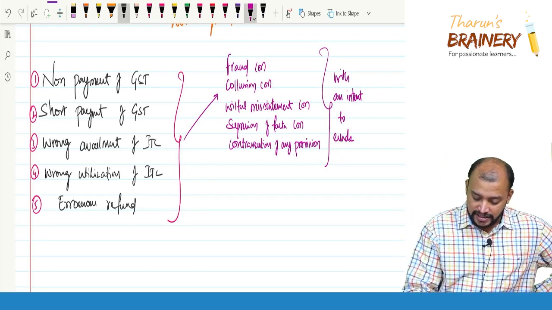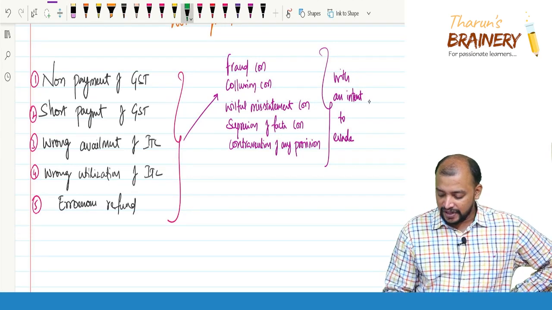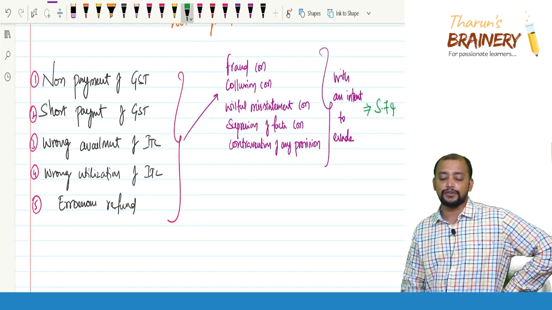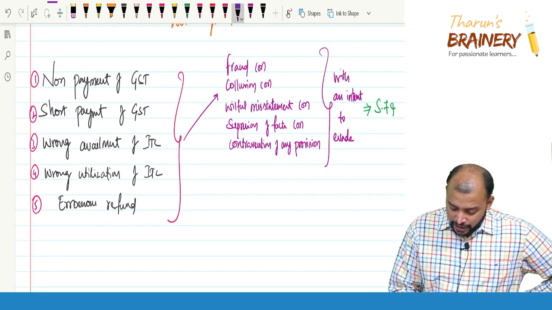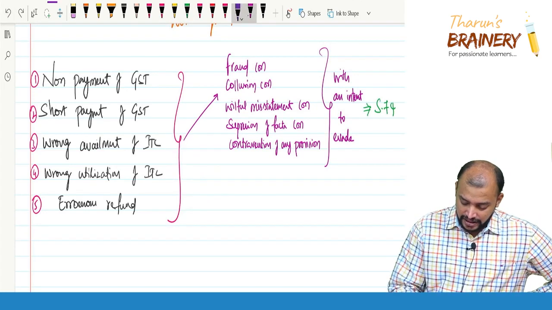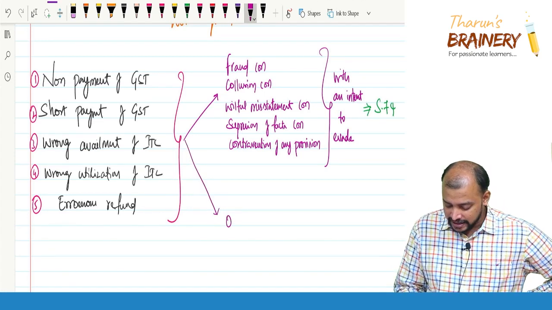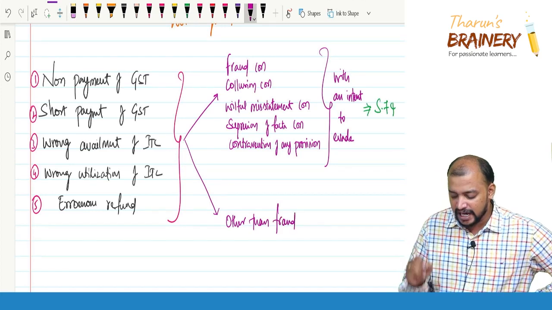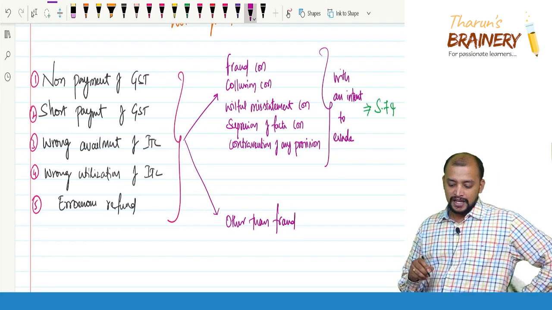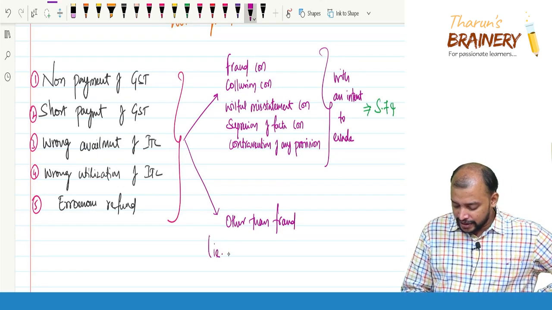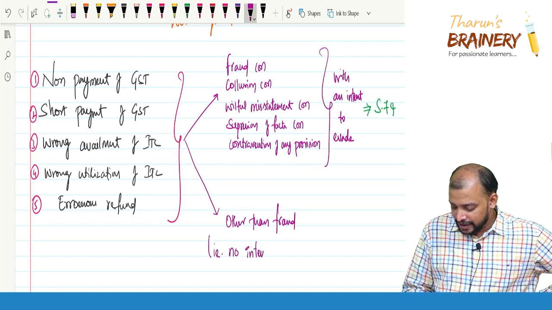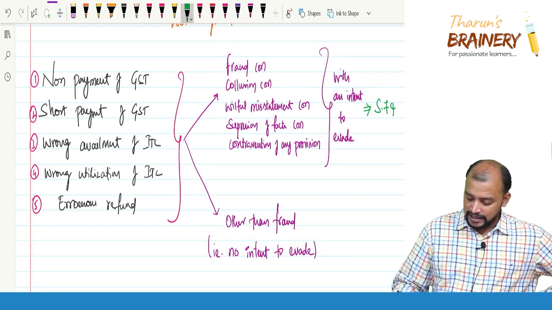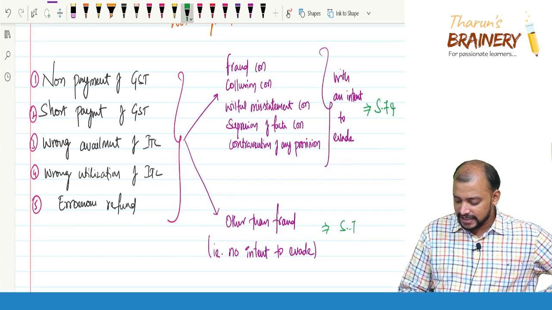Then in that case, recovery is as per section 74. If it is on account of other reasons, other than fraud, that is no intent to evade, then in that case the recovery will be under section 73.